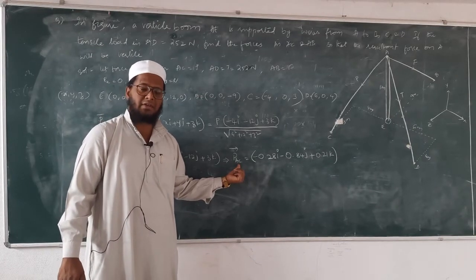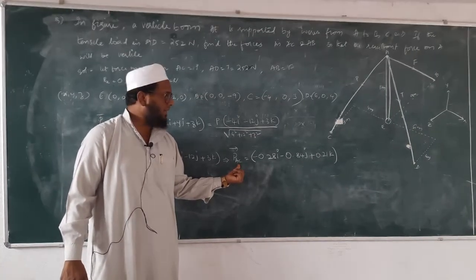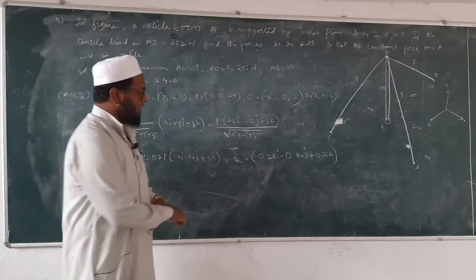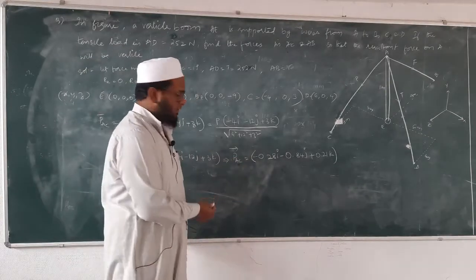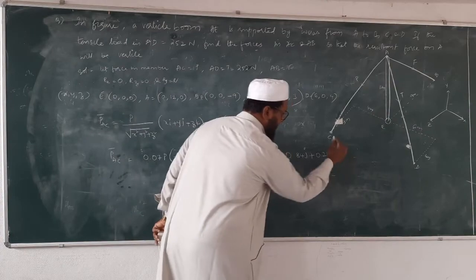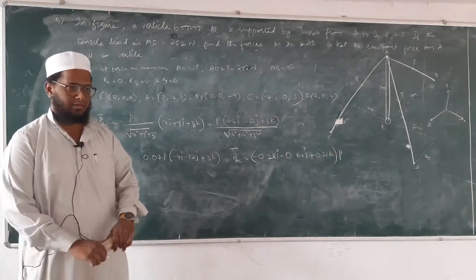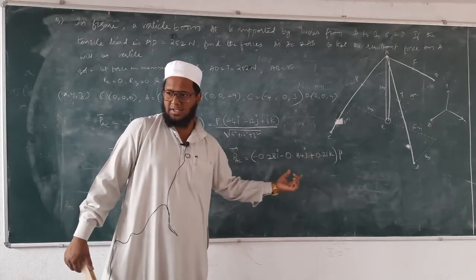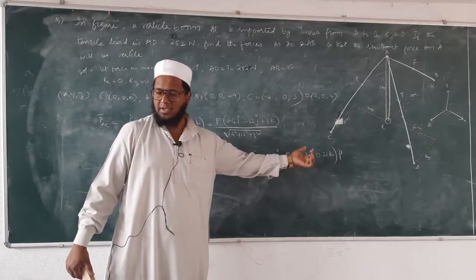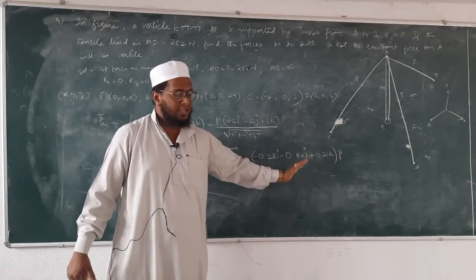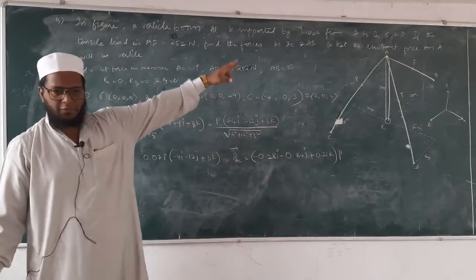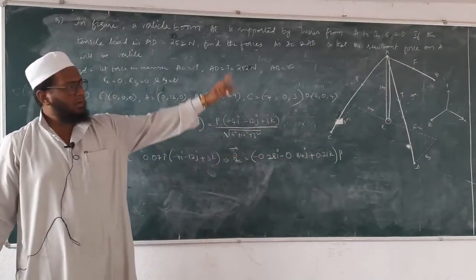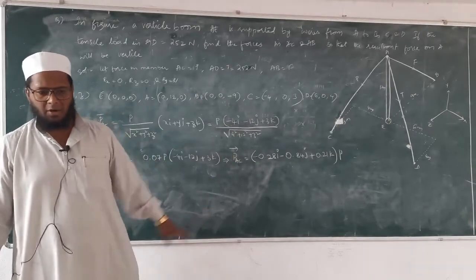Similarly, we have to calculate the other force vectors. See here, we have not multiplied P here, otherwise we'll name it P. So we got our force vector in the form of xi plus yj plus zk. The same thing we will do for the force AD, then AB. Copy down this one.